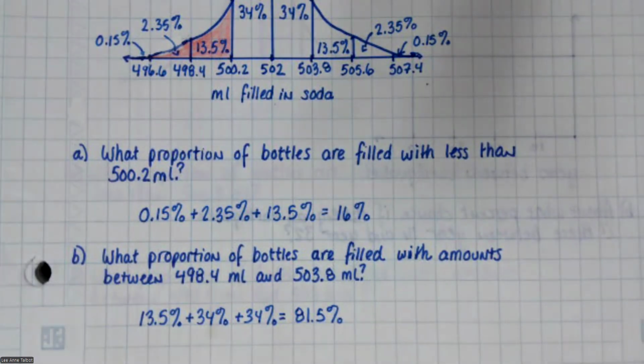Okay, now we'll just note for where this is going. So not tomorrow because you don't have me tomorrow, but Friday, I'm going to teach you how to find those percents when the question is asking for something that doesn't fall exactly on one of those lines.